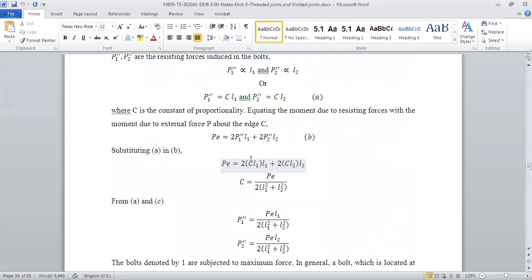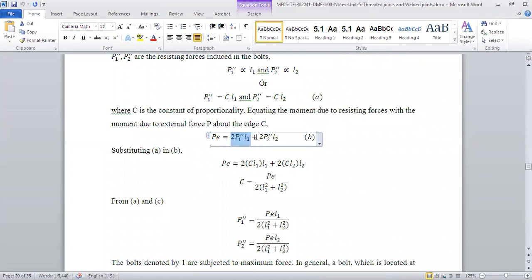There are 2 bolts, so there are 2 moments, P1 double dash L1 plus P1 double dash L1, so it will be 2 P1 double dash L1. Similarly, for bolt 2, there will be P2 double dash L2 plus P2 double dash L2. So these 4 moments, because of 4 bolts, will be balanced by the moment because of the load.